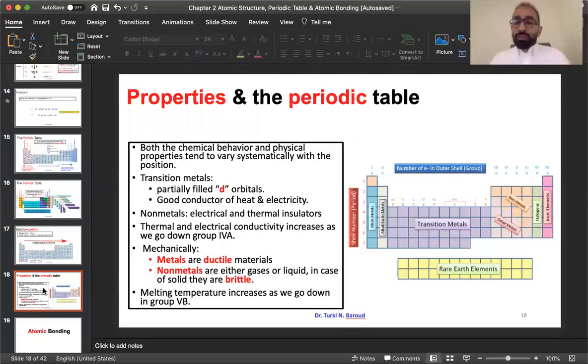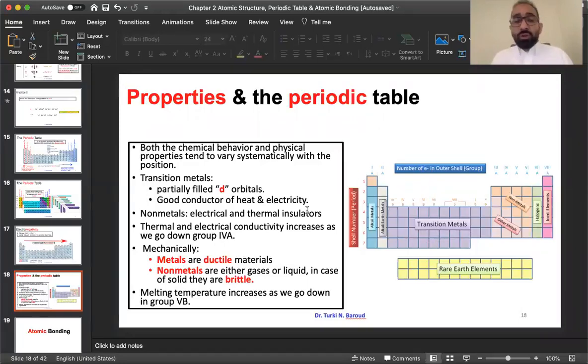Okay, so if you look at the periodic table, the elements are classified in a certain way, not randomly arranged. For example, in the middle we have what's called transition metals, where the d orbitals are partially filled, so not completely filled.